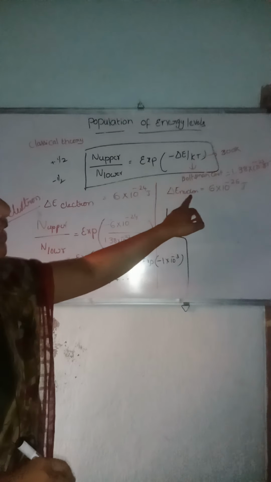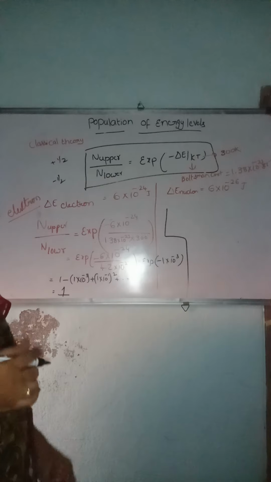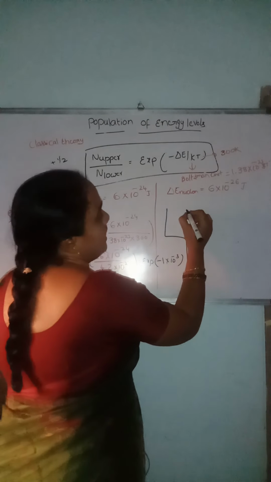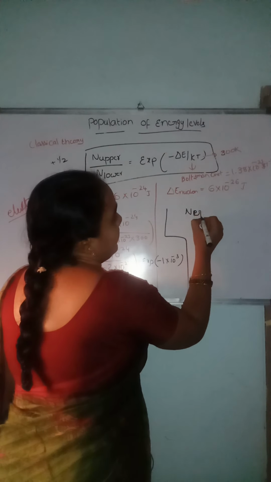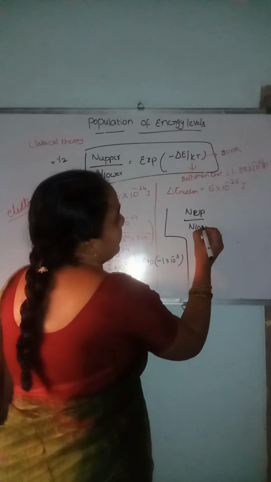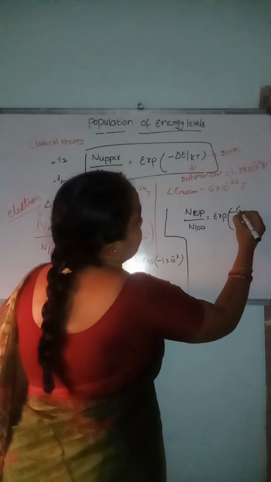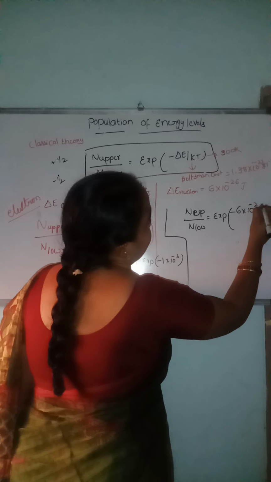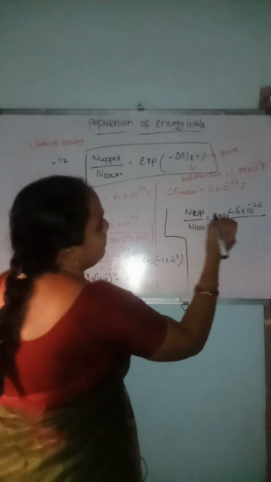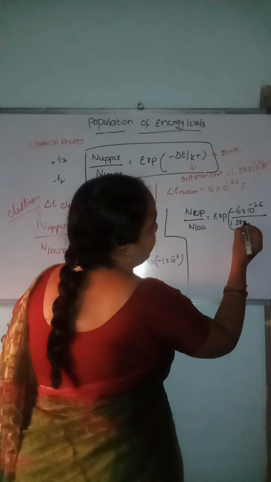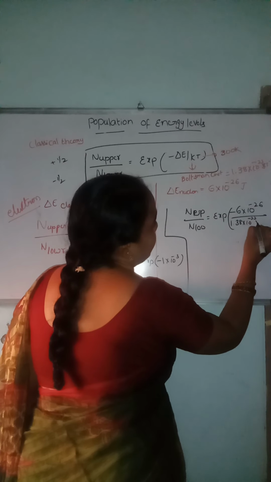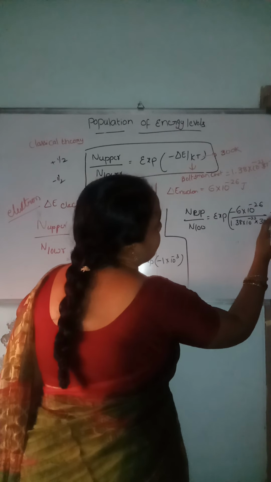Similarly, delta E of nucleon is equal to 6 into 10 power minus 26. Then N upper divided by N lower is equal to exponential of minus 6 into 10 power minus 26 divided by Boltzmann constant 1.38 into 10 power minus 23, and the room temperature is 300.